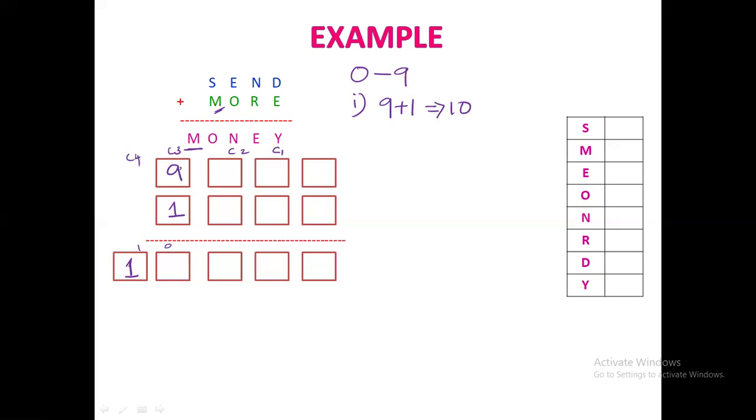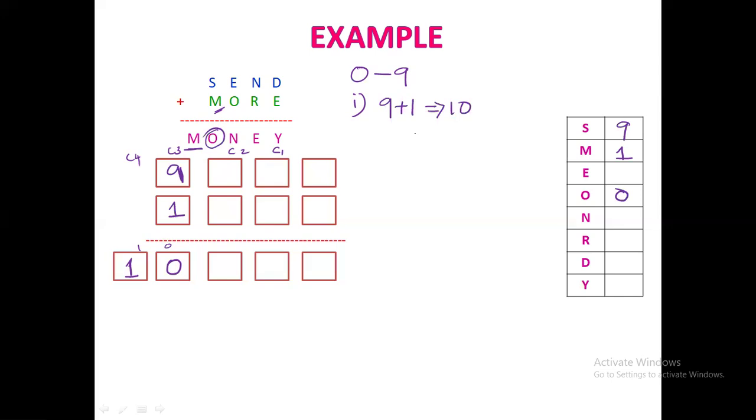If we are adding 9, we are getting the value 10. So we are getting the value as 0. So now S should be assigned the value 9, M should be assigned the value 1, and here in MO, O is assigned 0. Three values we got.